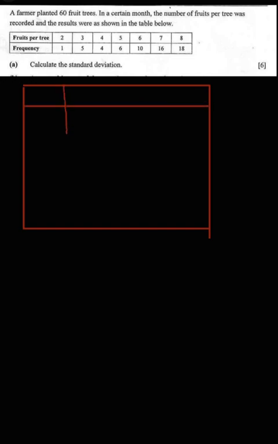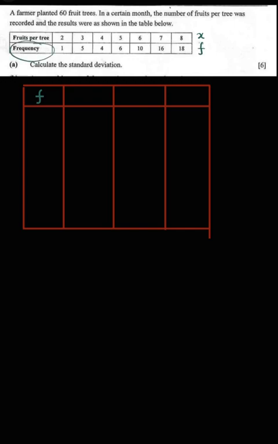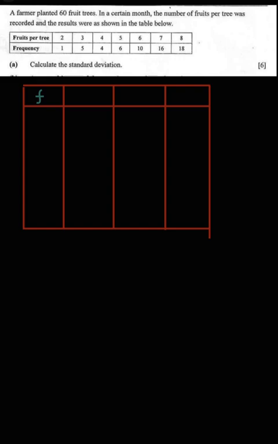So I should have 4 columns, 1, 2, 3 and 4. Then we need to put the titles here. We have f for frequency. So these are the values of x and this is the frequency. You can see it's clearly labeled here. Sometimes they would say number. Let me just redo this. Okay, sorry for that.